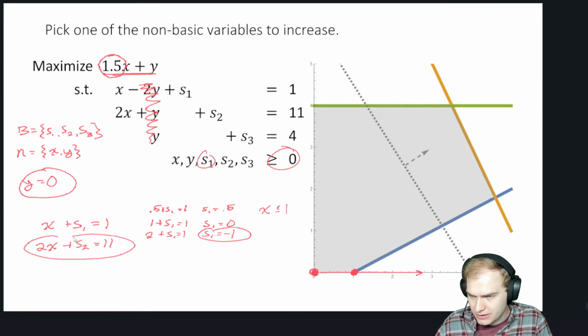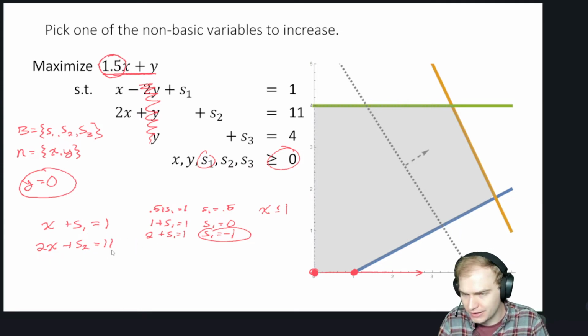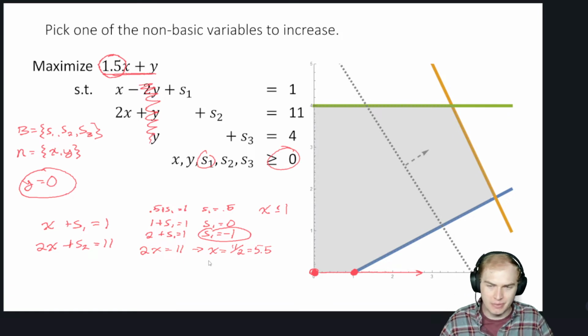Our second constraint, let's just go ahead and set s2 equal to 0, because that's what we want to know. When does that happen? 2x equals 11 implies that x equals 11 over 2, which is 5.5. So that's much bigger than 1. If we were to plug that into the first constraint, we would get an infeasibility.